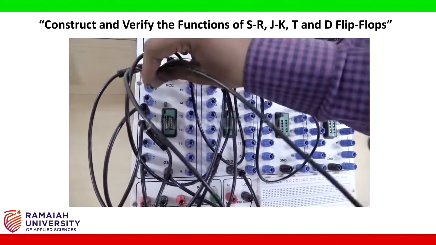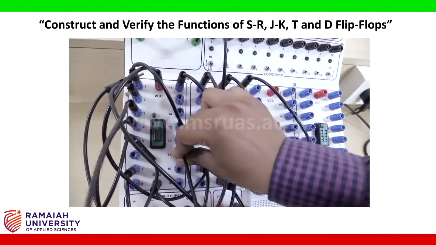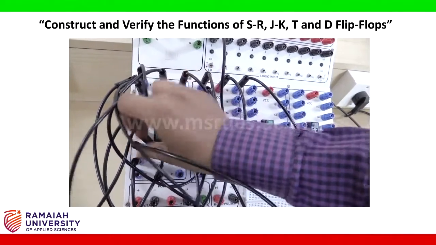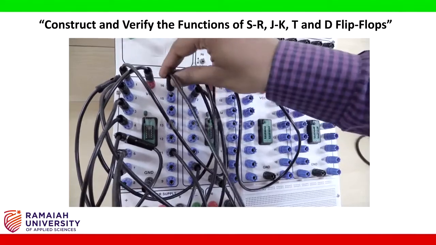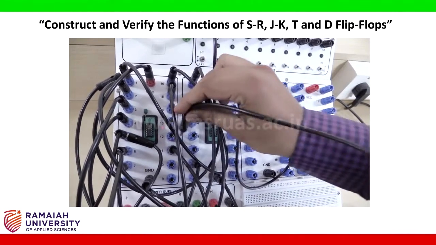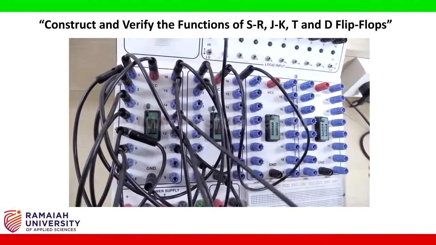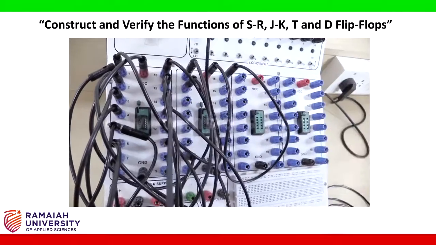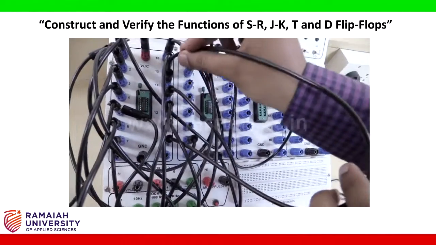Pin number 3 of NAND gate is connected to pin number 9 here. Pin number 6 of NAND gate is connected to pin number 13, that is here. Pin number 10 and 11 are shorted. Pin number 12 and 8 are shorted.